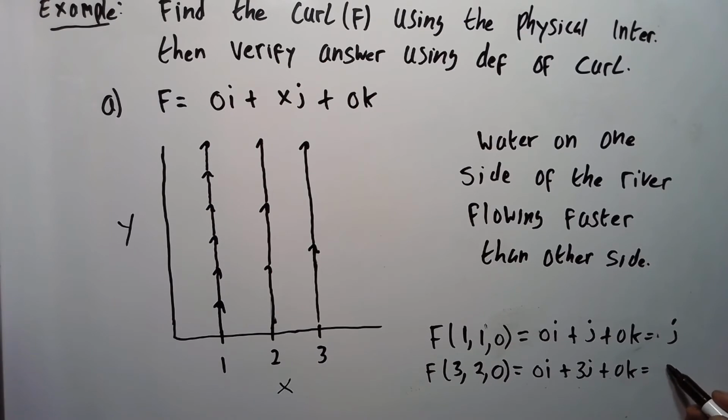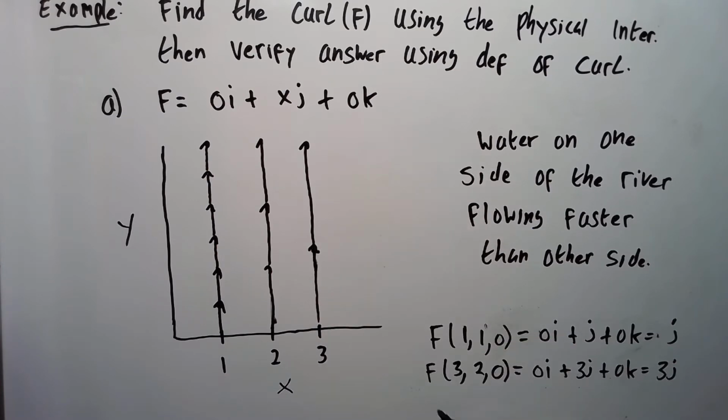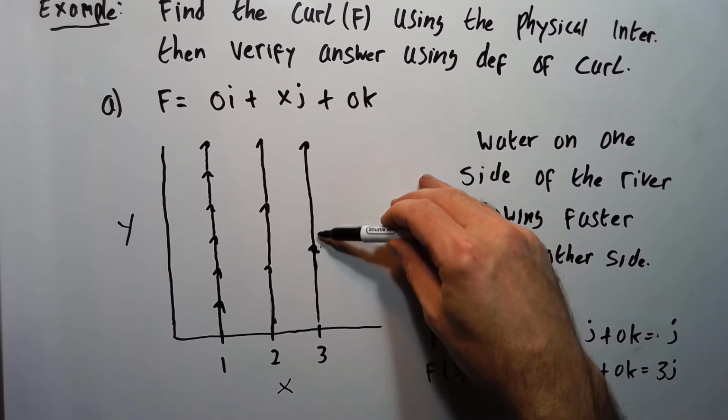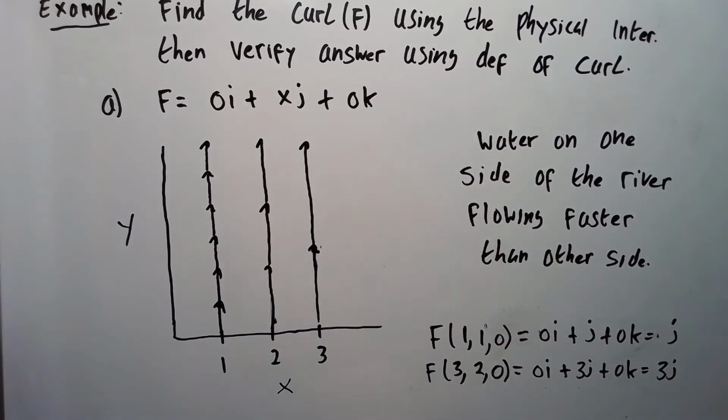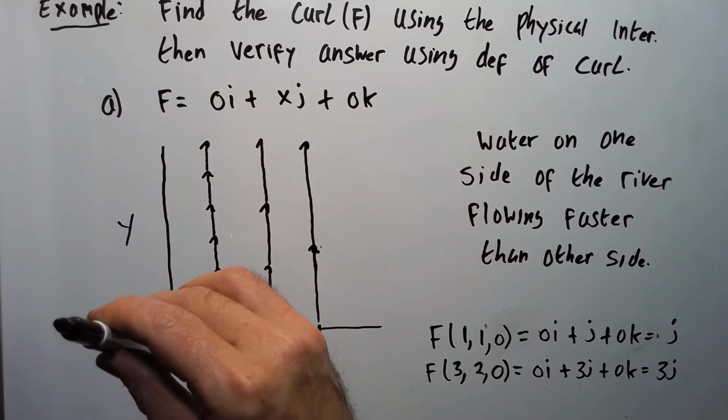So it'd be 3j. So 3, 2, 0 would be right here, that point. And at that point you're going to draw the vector 3j, which is right here. And the z-axis is coming up this way.